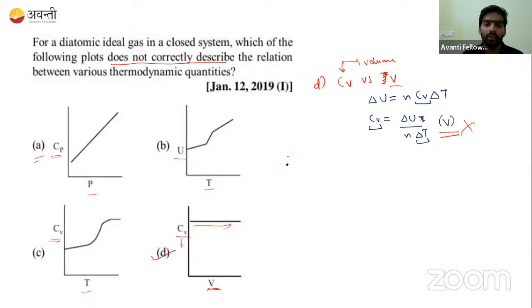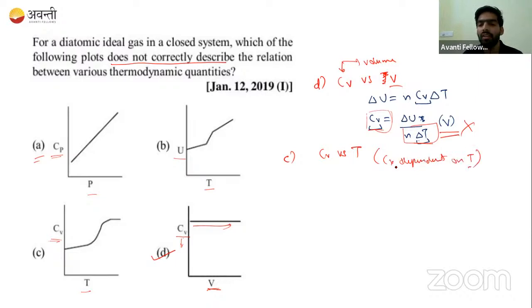Now moving on to C, CV versus T. We have seen here that CV is nothing but inversely proportional to delta T. That means if T changes, CV will also change. That means CV is dependent on what?